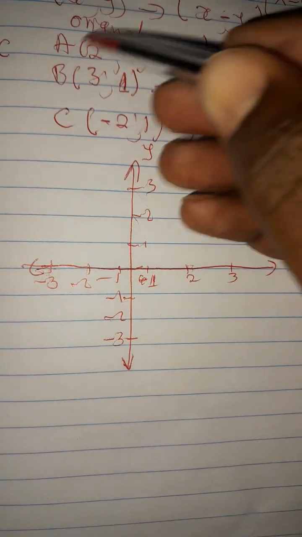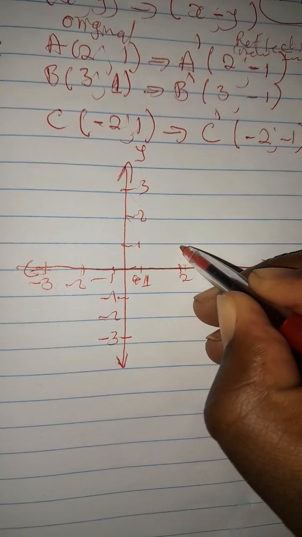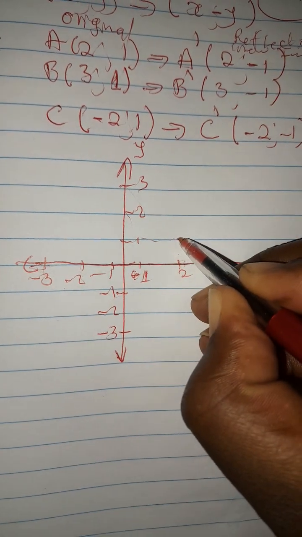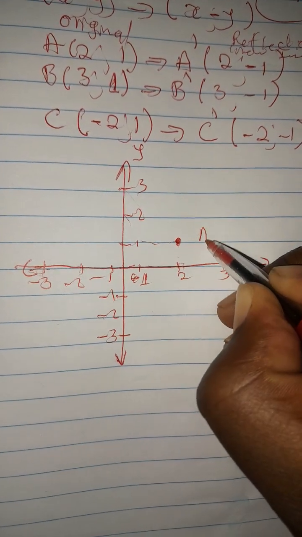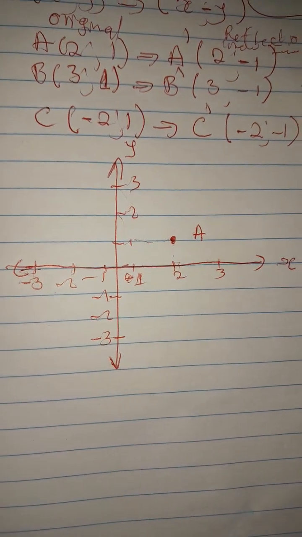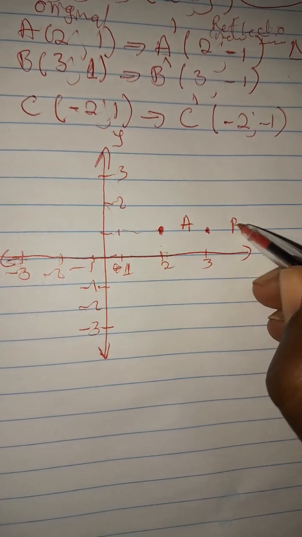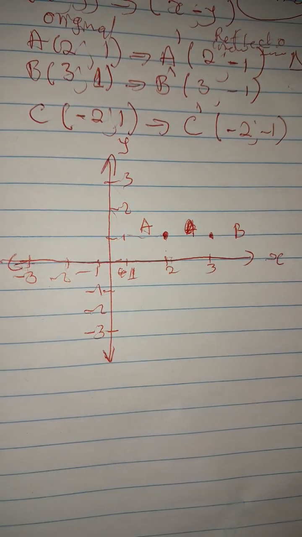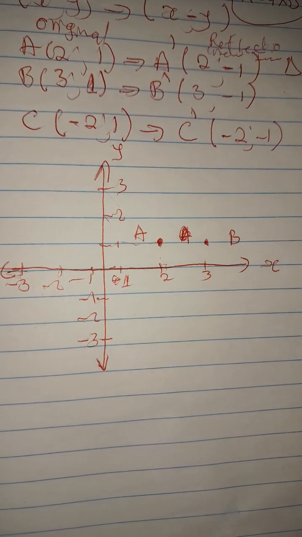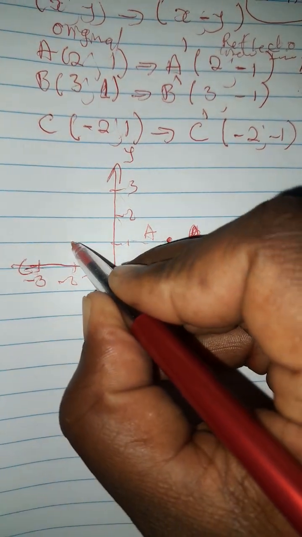So we need to sketch the original image. The original image was (2, 1). So this is where our point will be. This is A. B is (3, 1). So this is B. Then we have (-2, 1).